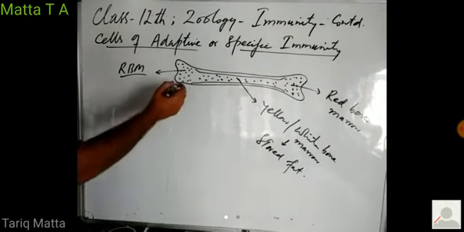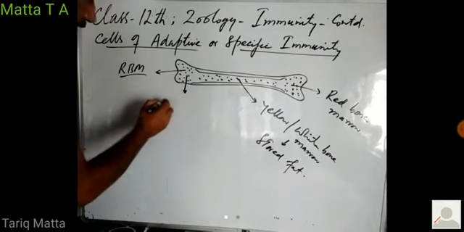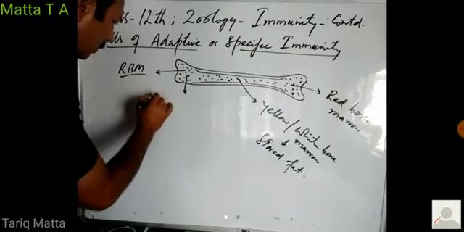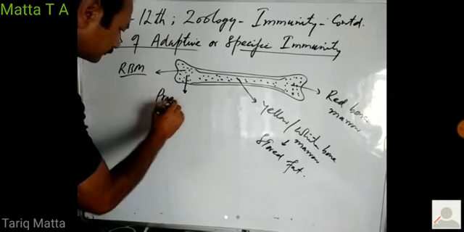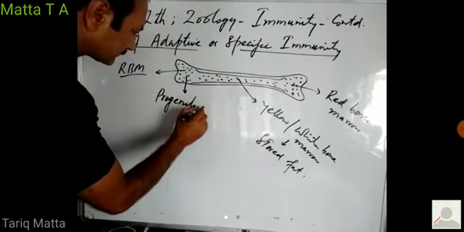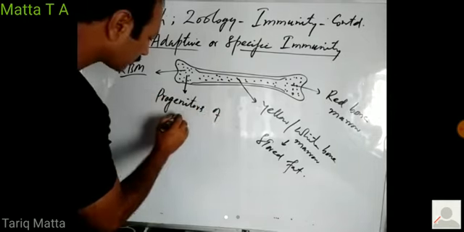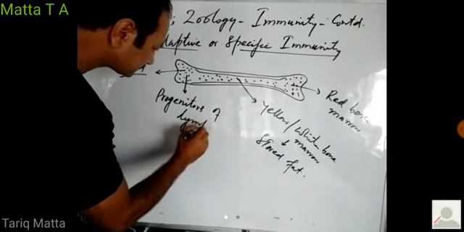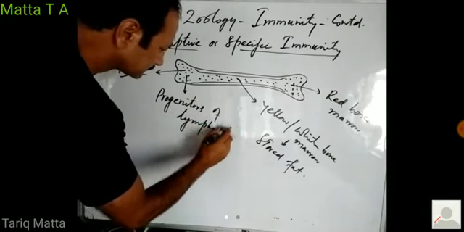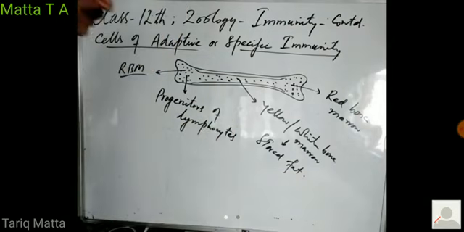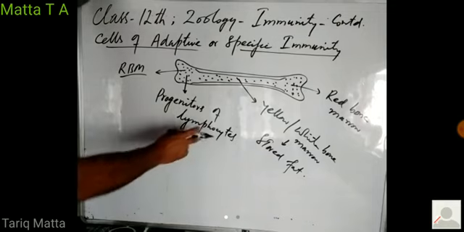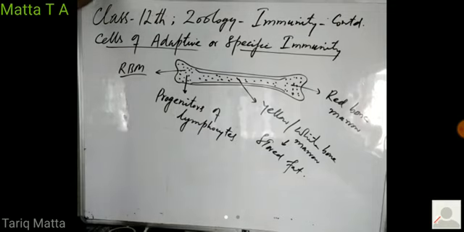In this red bone marrow, there are progenitors of lymphocytes. That means there are cells which will give rise to lymphocytes. So lymphocytes are developed in red bone marrow.